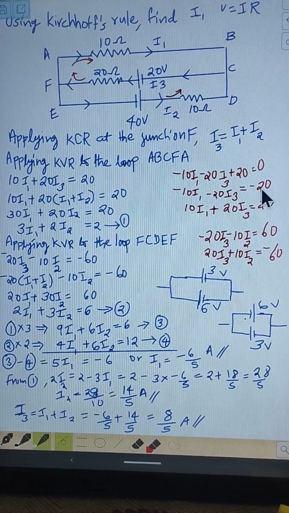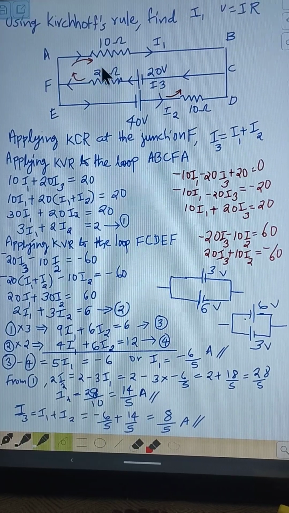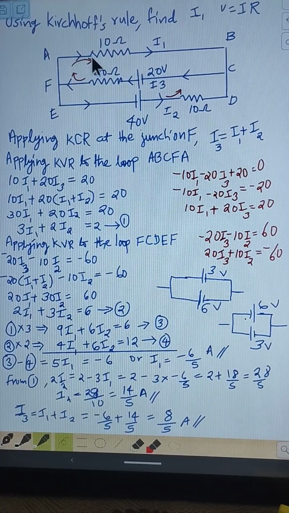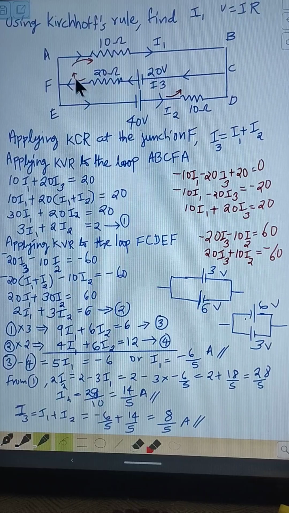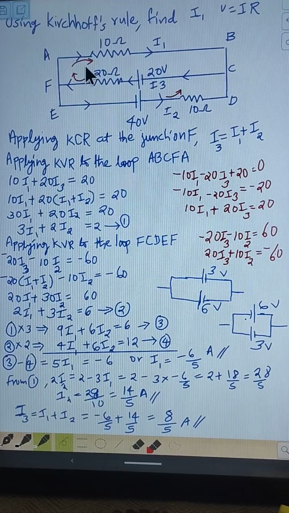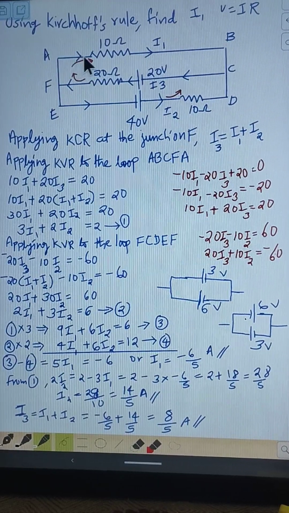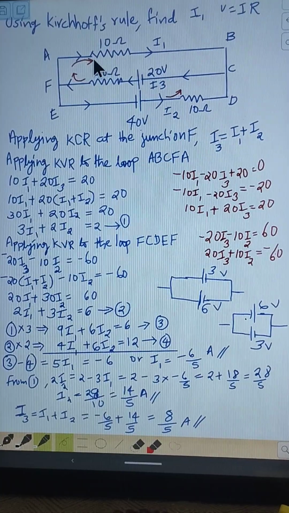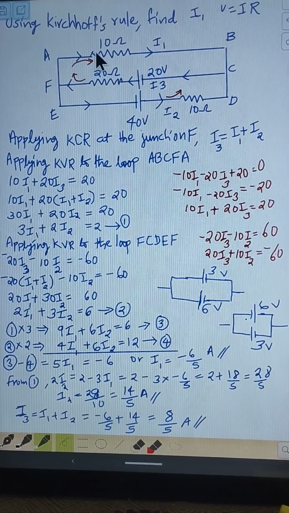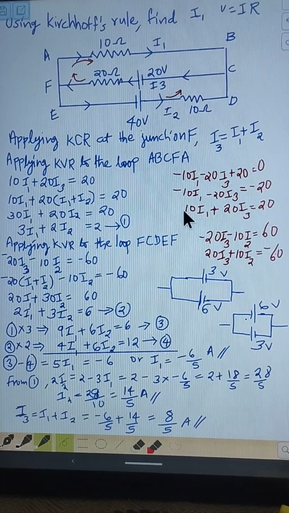Of course, when we are taking the directions of current, for example, here two currents are there, I1 and I3. We find that I1 is flowing in this direction and I3 is also flowing in this direction, that is the clockwise direction. So if we prefer the clockwise direction, then the currents flowing in the preferred direction have their potentials taken as positive.